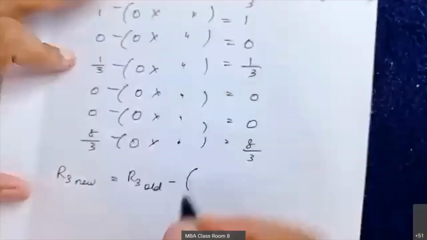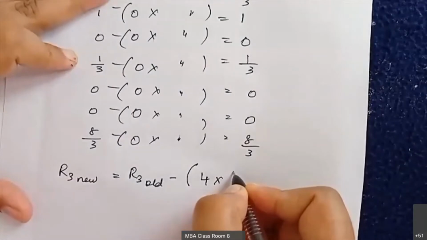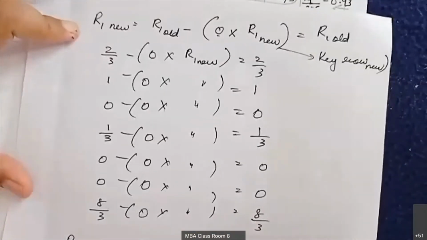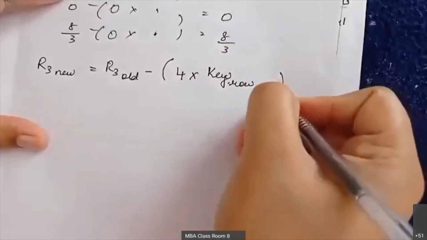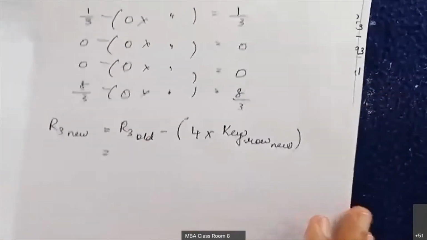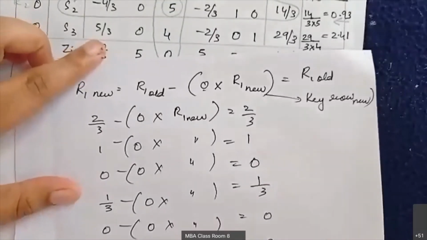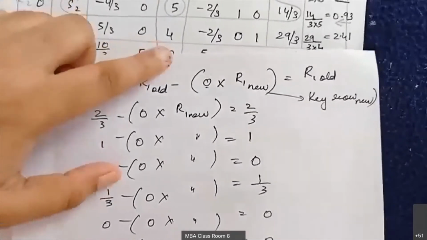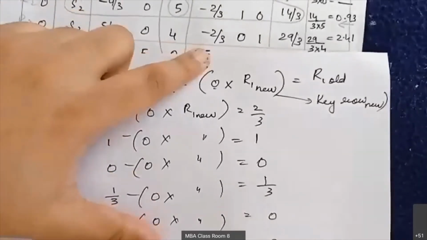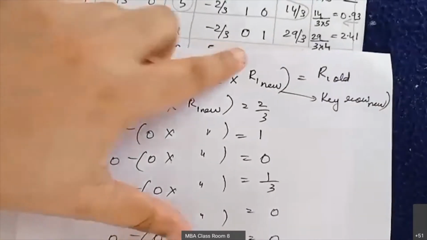So I'm taking down 4 multiplied by the new key row. The new key row is the second row, key row new. Tell me R3's old values. It is 5 by 3, 0, 4, minus 2 by 3, 0, 1, and 29 by 3.